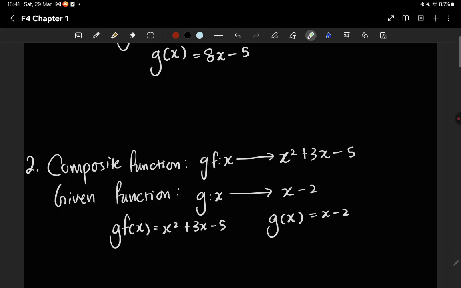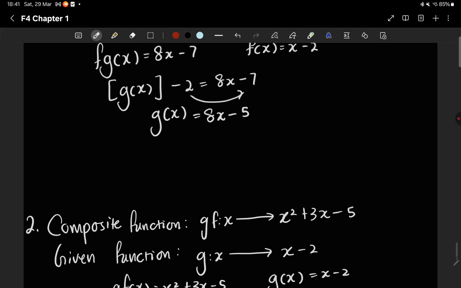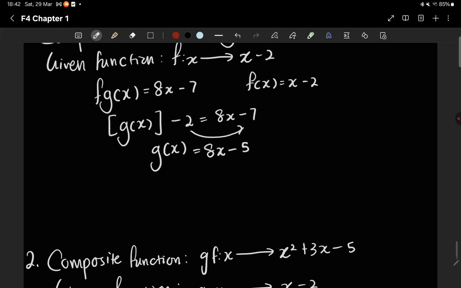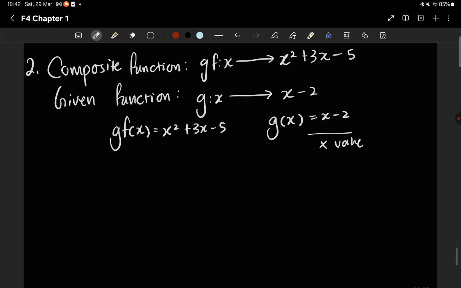Alright. So this function, all we have to do is the f of x acts as the x value for g of x. So all we have to do is the same concept, just take this as the x value, and all we have to do is just sub it back into the equation.